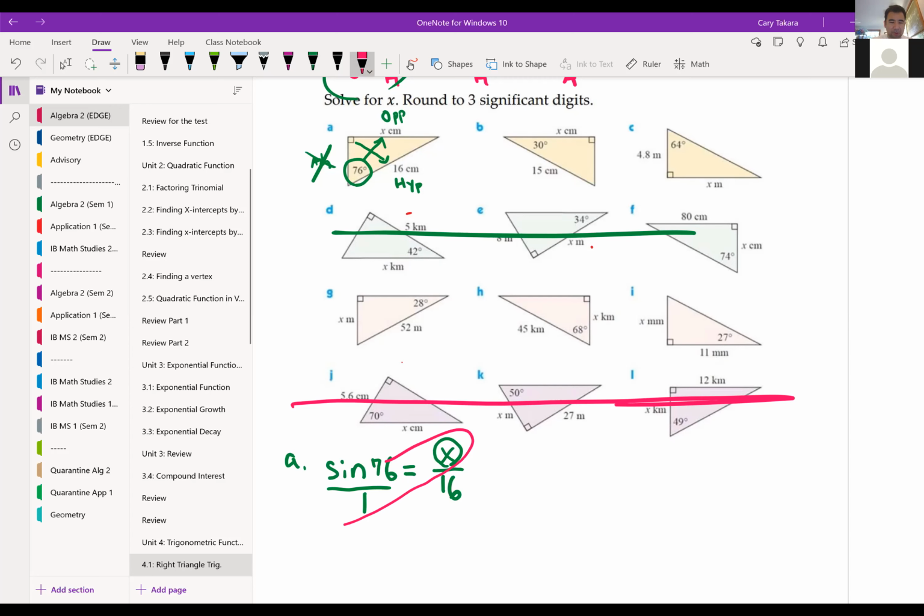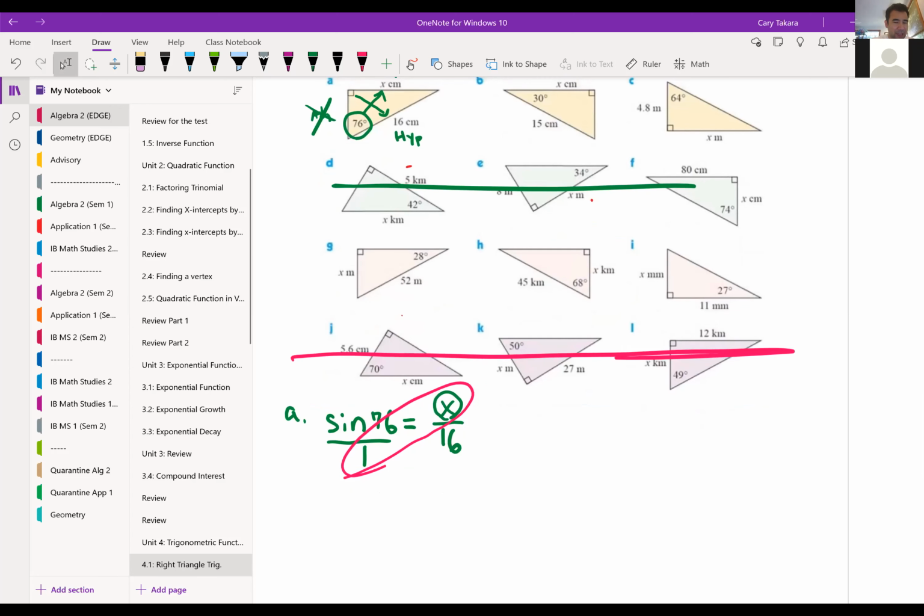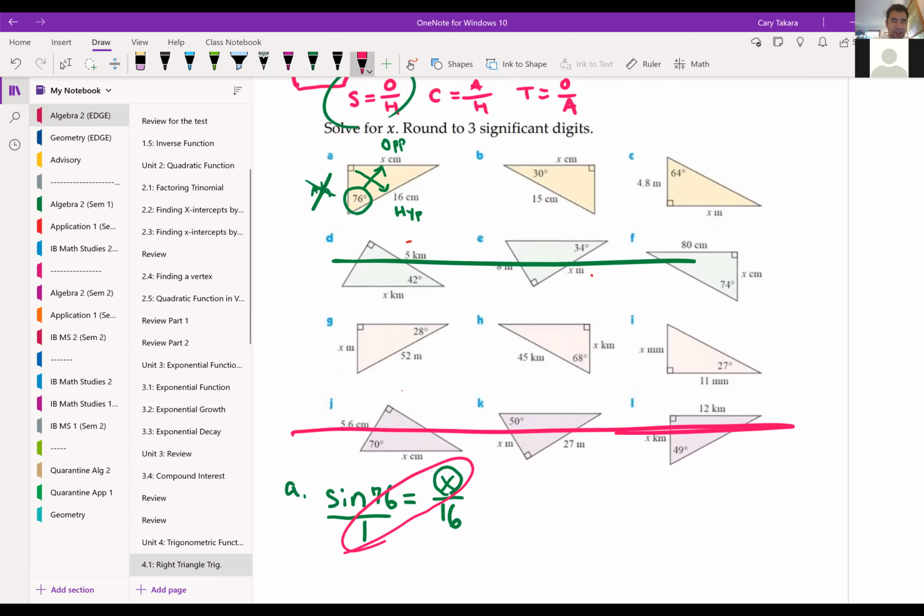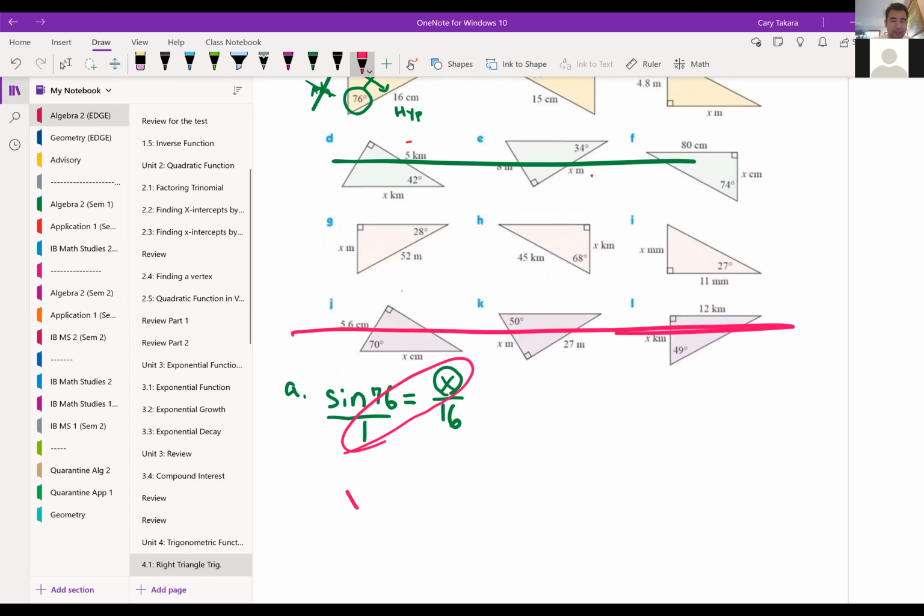So let's cross multiply. If you cross multiply, 1 times x is just x, right? So you get x equals right away. x equals sine of 76 times 16. So you multiply that. What do you get?